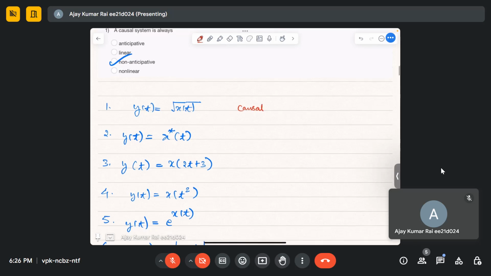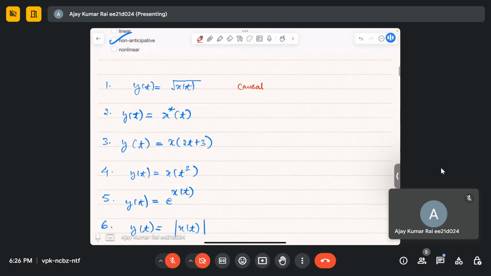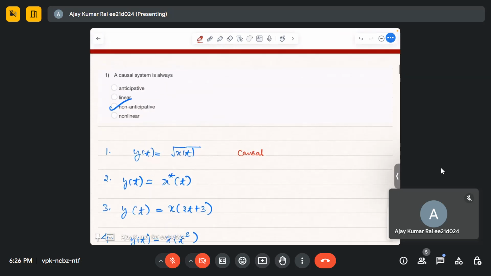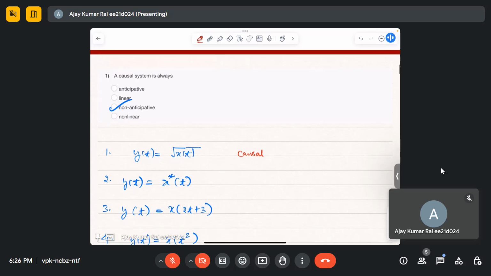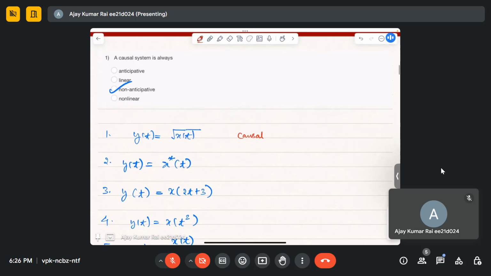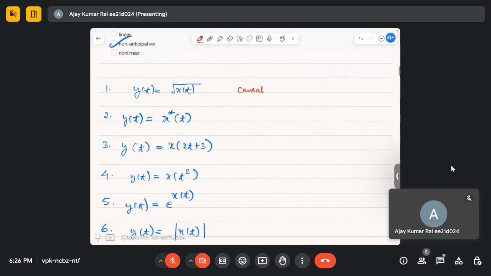Second one, this is a conjugate, right? What can you say about this second option, y of t equal to x conjugate, whether this is causal or not? A causal system should depend on past and present inputs. It should not depend on future inputs. Do you see future inputs here?